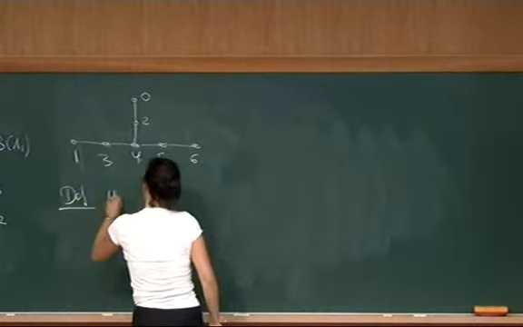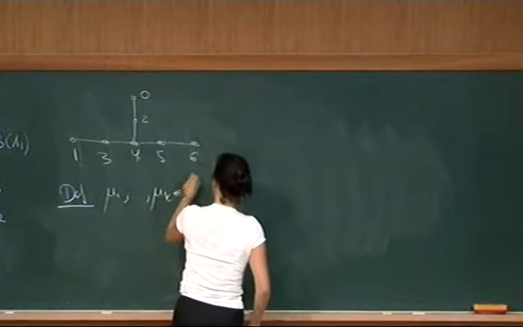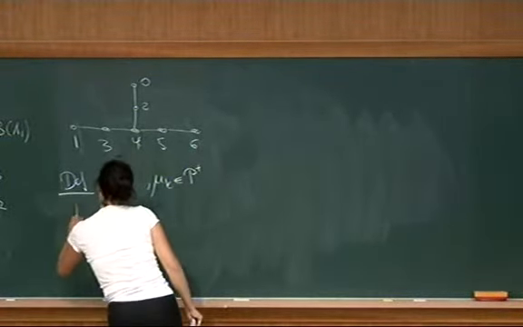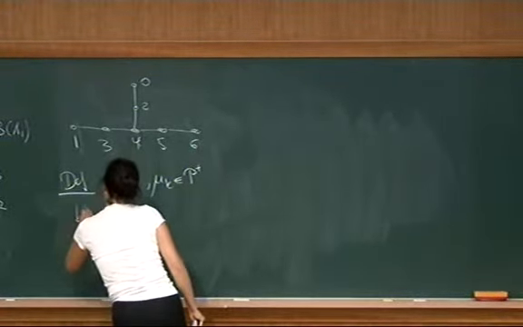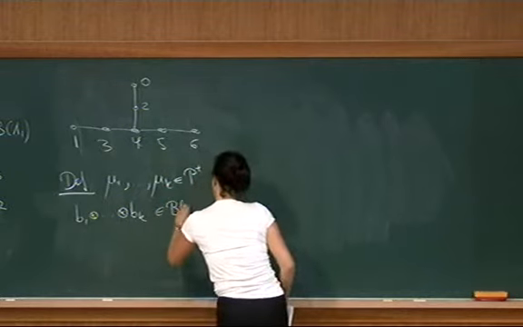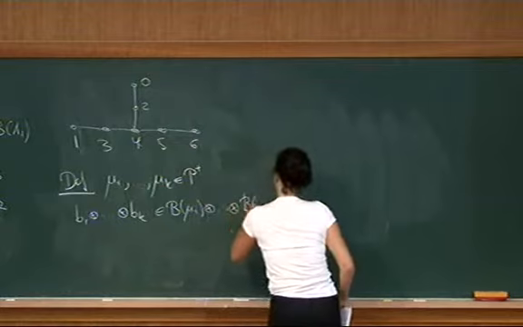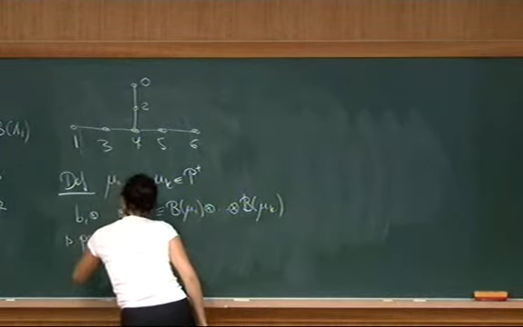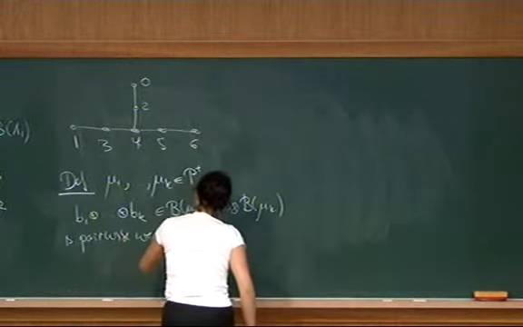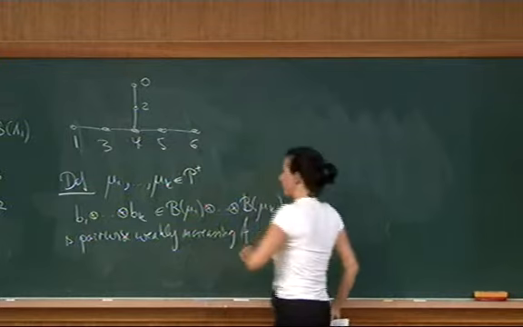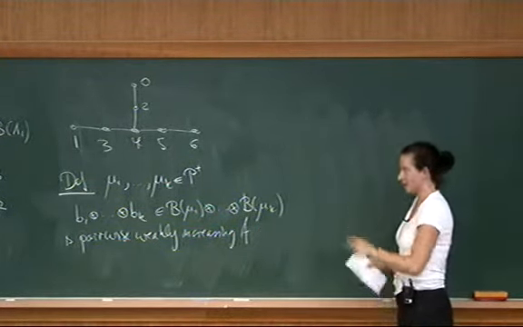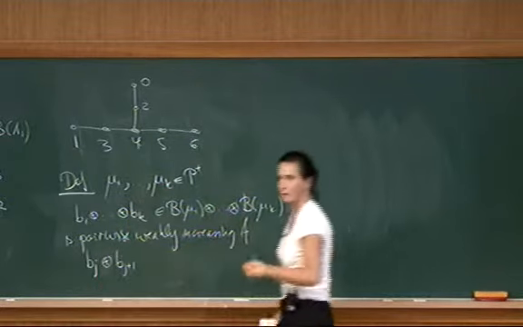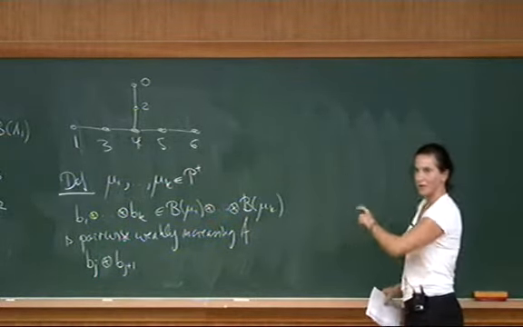If you have some dominant weights, let me call them mu, and you can think of them as fundamental weights if you want, then I'm going to say that B1 tensor up to Bk in the tensor product is pairwise weakly increasing if the following is true, namely if you take every consecutive pair, so every Bj tensor Bj plus 1, you want that those live in the B of the sum of the two weights.